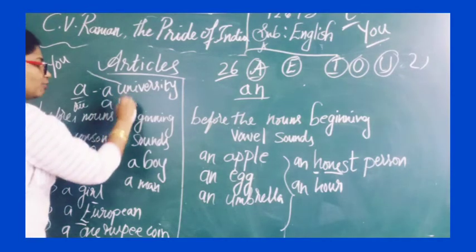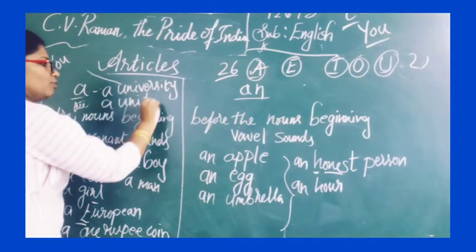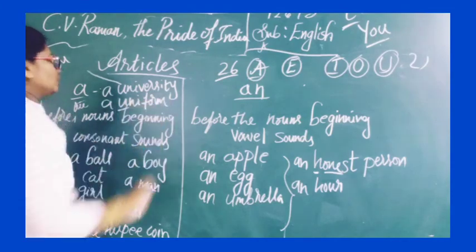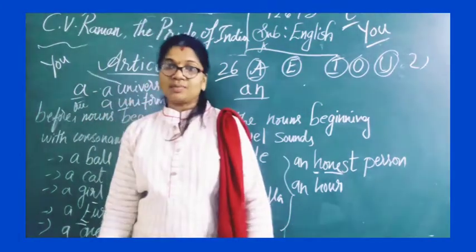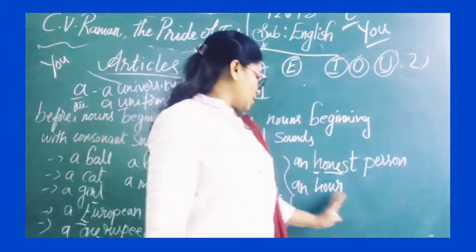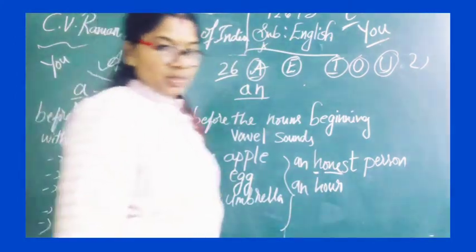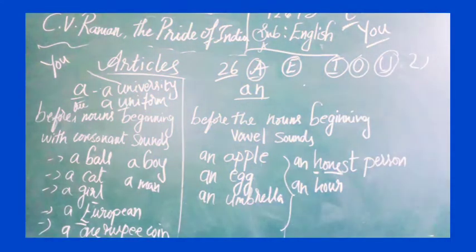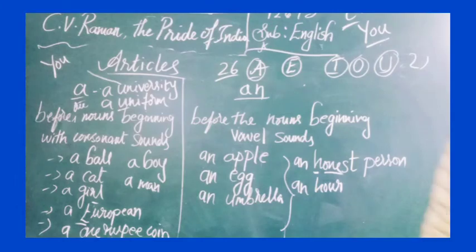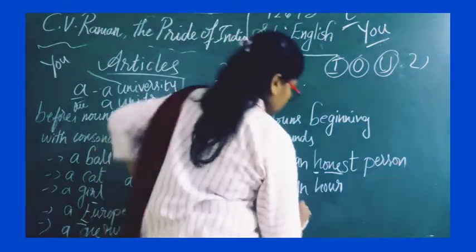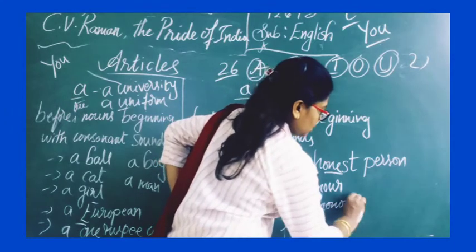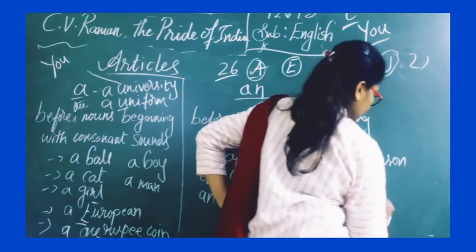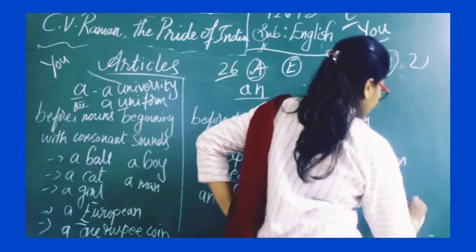And a uniform, again because it begins with Y-O-U, Y is a consonant sound. Here, an honest person. And here how many examples I have picked: an honorable man, an honorable person.